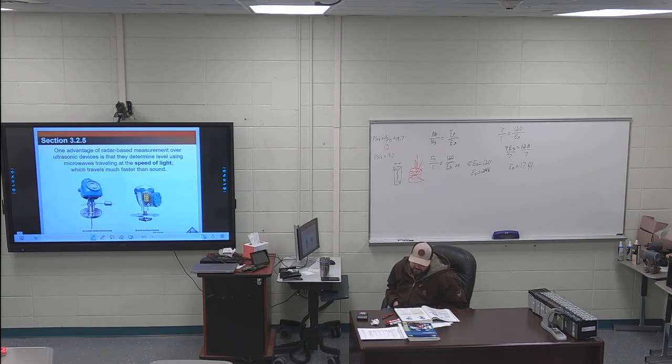So height is equal to pressure divided by, it's a weird number, 0.0360. So that is the formula for PSI per inches of height.